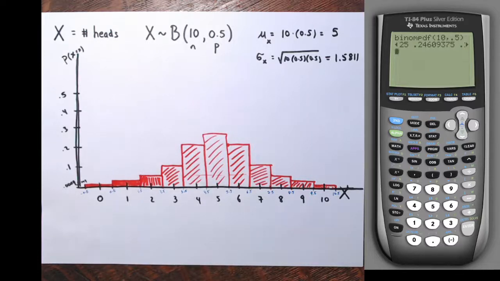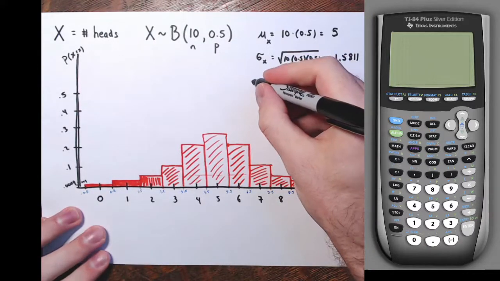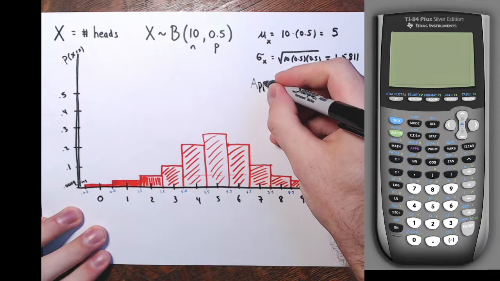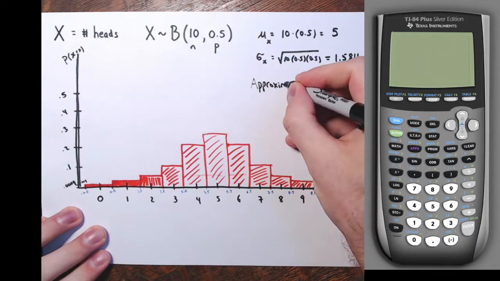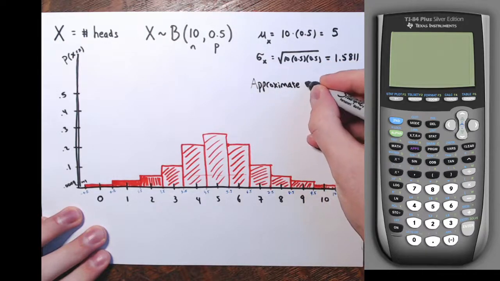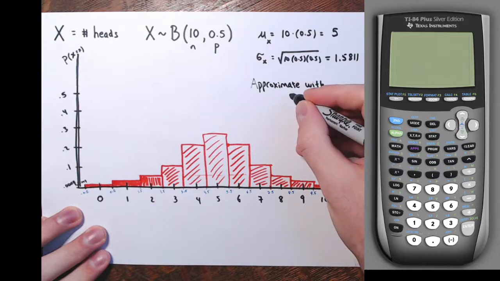But do you see how I've got this histogram starting at negative 0.5 and ending at 10.5, right, for the last bar for 10 successes, 9.5 to 10.5. And you see how I can approximate this? We can get something pretty close to this with a normal distribution.